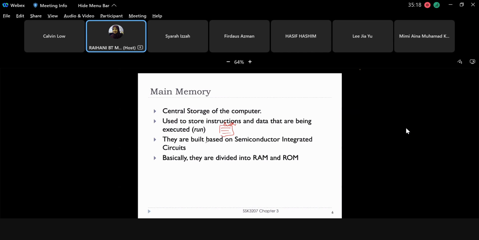They are built based on semiconductor integrated circuits, and are divided into ROM and RAM. They are called this because they consist of on-off binary digits, with transistors and capacitors to control the semiconductor integrated circuit, SiC.